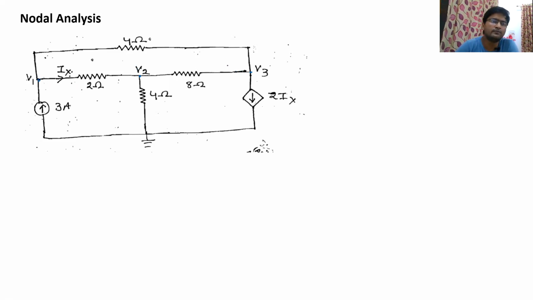So for example, if we have to calculate KCL at this V1 node, let me write it, KCL at V1 node. So you see that this 3 ampere current is incoming and this Ix current is outgoing, and here also I assume current is outgoing in this direction.